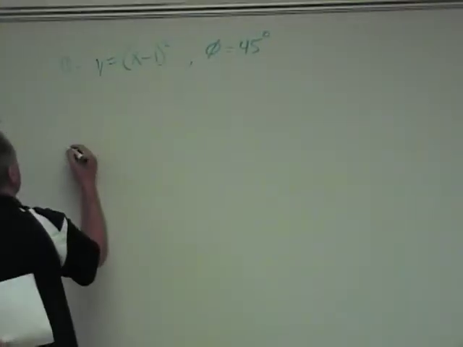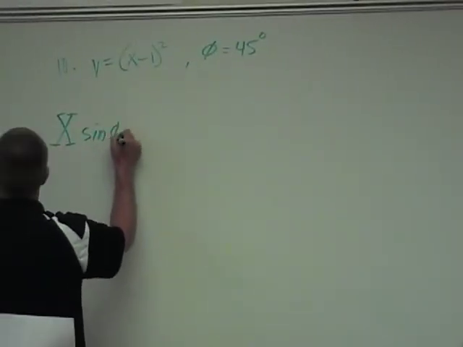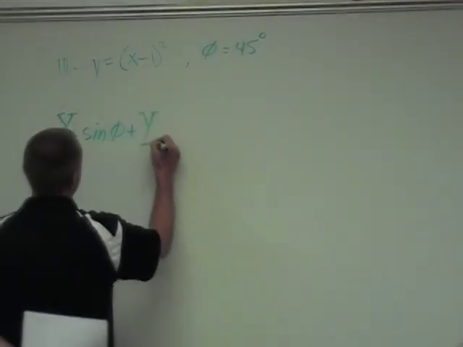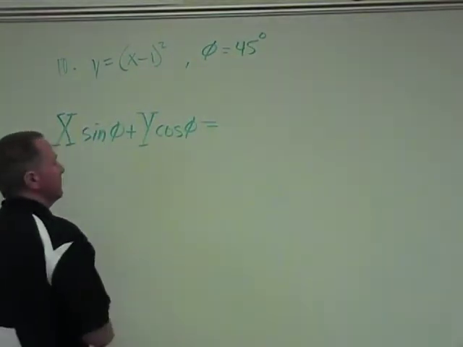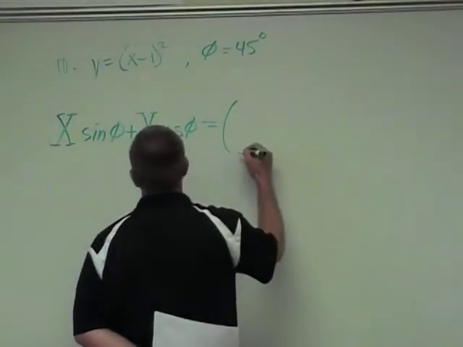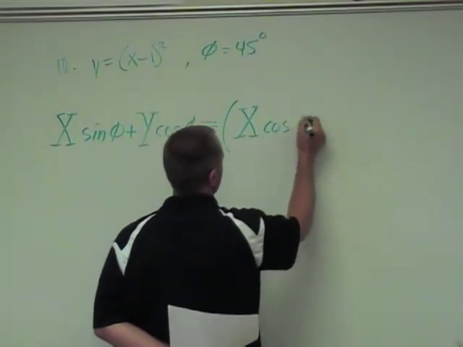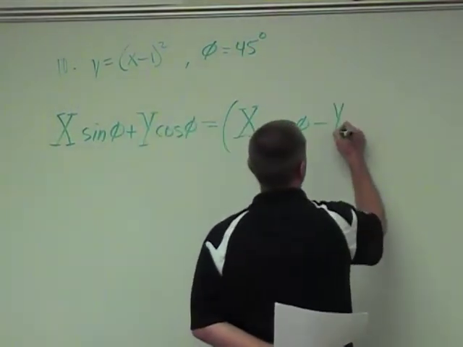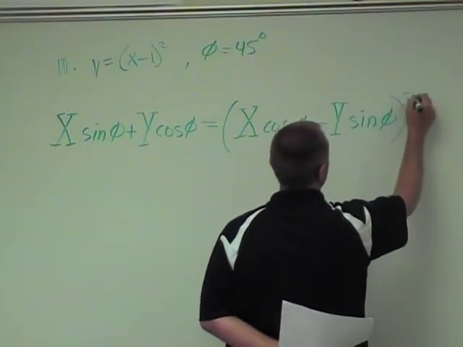So the y is equal to capital X sine of phi plus capital Y cosine of phi. That's y equal to x, which is capital X cosine of phi minus capital Y sine of phi, squared.